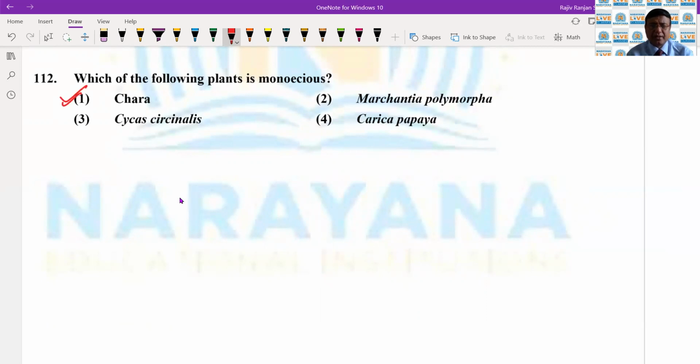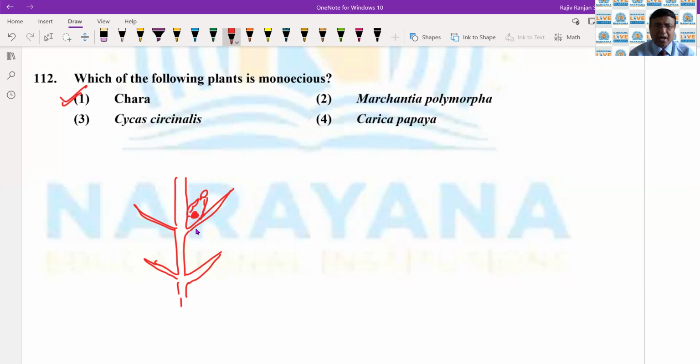Actually, what we see in the Chara plant is that both the male and the female reproductive parts, known as oogonia and antheridia, are present on the same plant. So here, this is the structure, the jacketed structure with the ovum is present here, and on the lower side there occurs the antheridium.